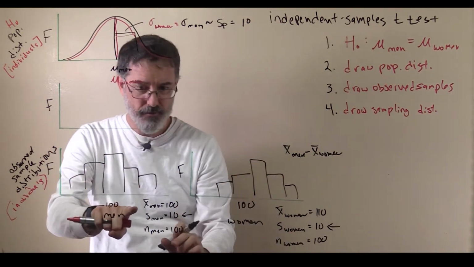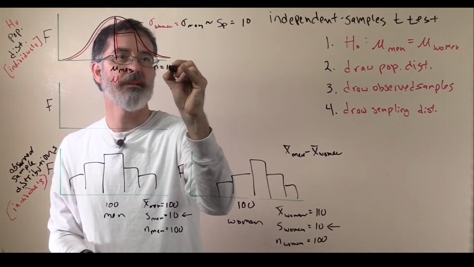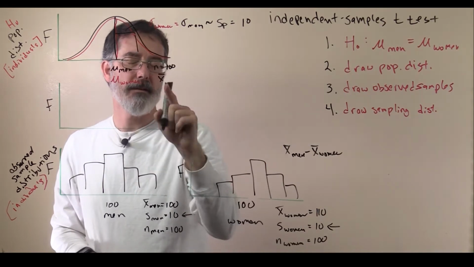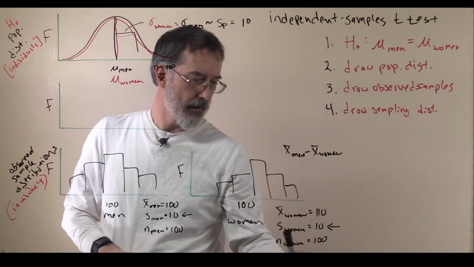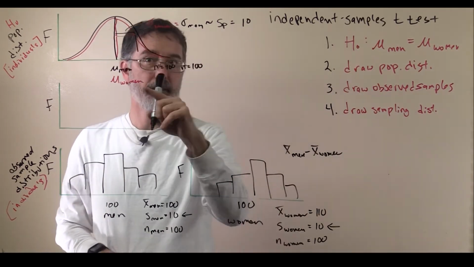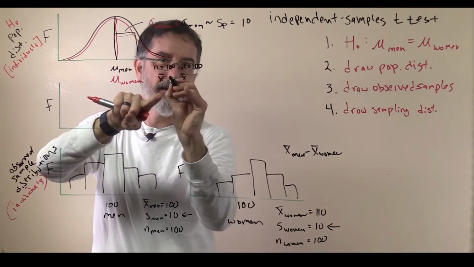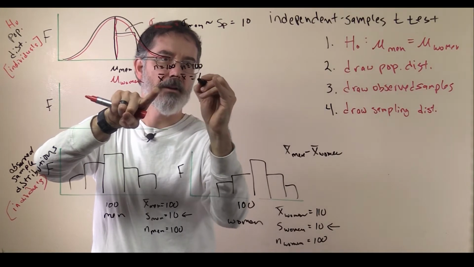So for that, what we do is we take men's sample size of 100. So from the men's distribution, we randomly sample 100 of those men, calculate the sample mean for those 100 men. Take 100 women and calculate the mean of those 100 women. And then we're going to take that difference score, the male mean minus the female mean. I'll put a delta there.